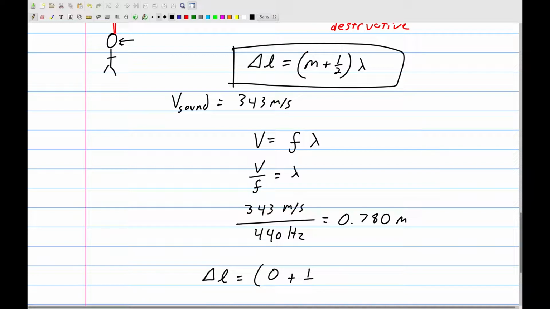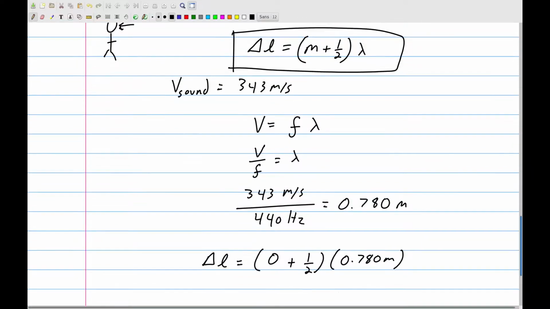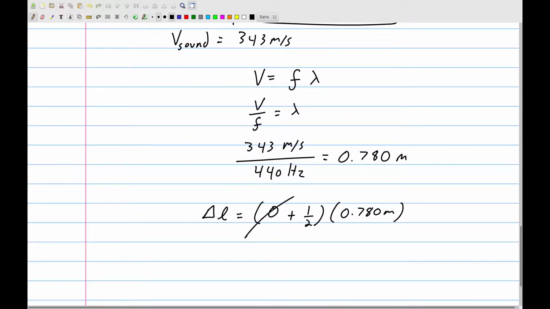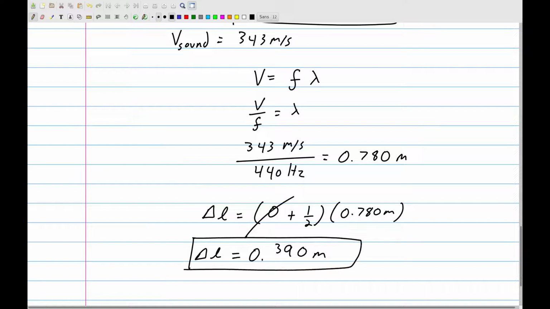So 0 plus 1/2 times lambda, 0.780 meters. The 0 really doesn't matter, so it's just a half times 0.780. And delta L is equal to, when I do this, I get 0.390 meters. So how far apart do the speakers need to be?